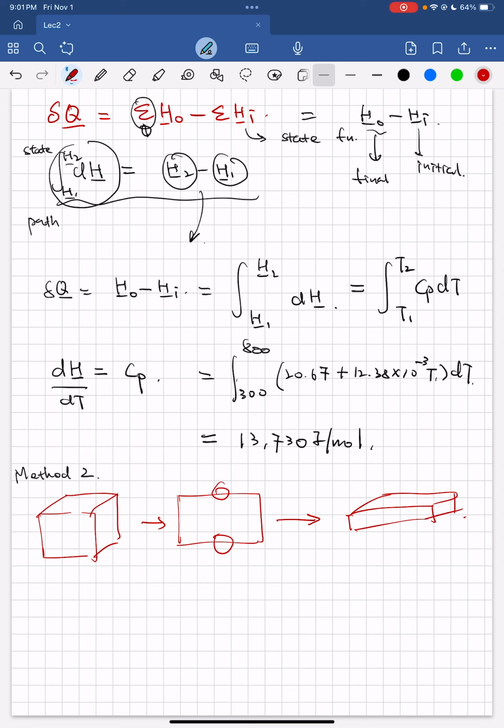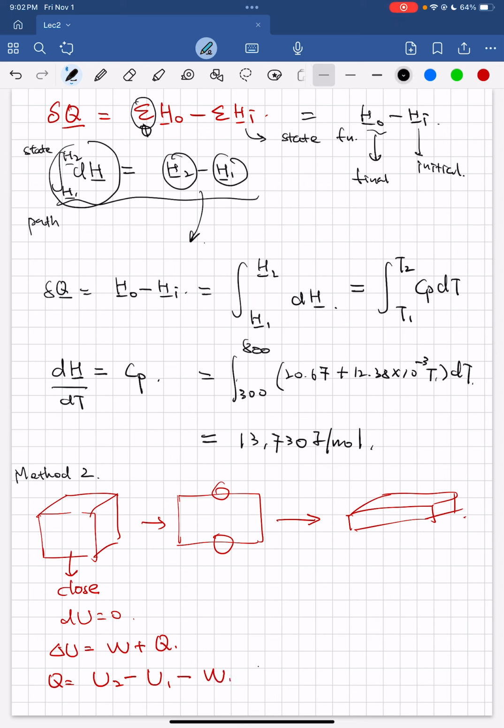Nothing comes in or out because this is a closed system. Again, it is steady state. dU equals 0, okay? Now, again, the first law, delta U equals W plus Q. So Q equals U2 minus U1 minus W, right?